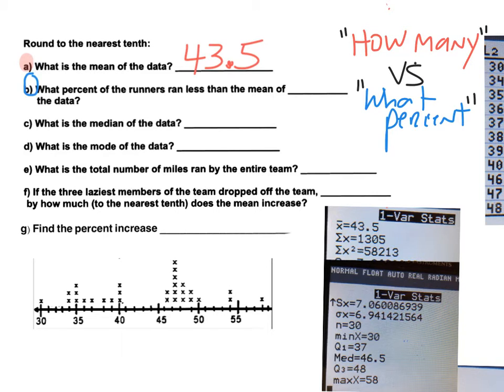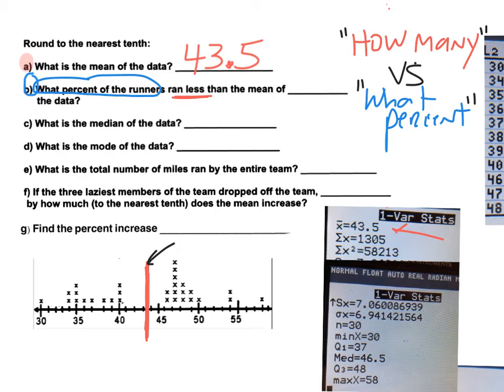So this question says, what percent of the runners ran less than the mean of the data? Well, here the average was 43.5. So I'll go to my line plot and mark off where 43.5 would be. This red line here represents the average. I want to know what percent of the runners ran less.